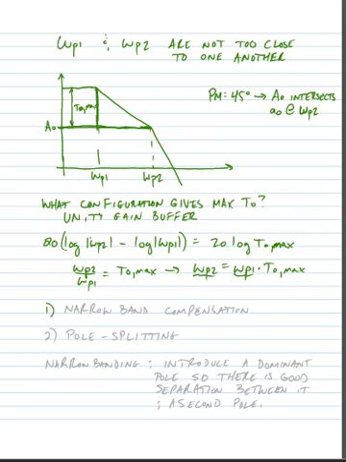One type of compensation would be narrowband compensation, and a second type would be pole splitting. First, let's investigate what narrowbanding is, and then we'll get to pole splitting later in the lecture.